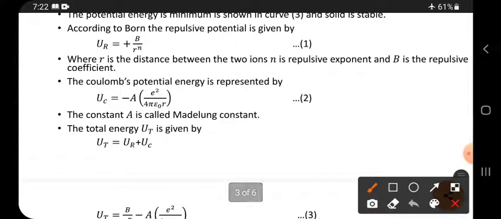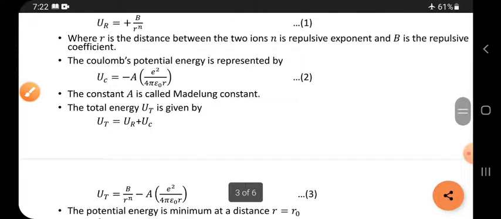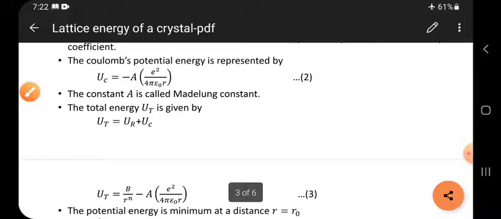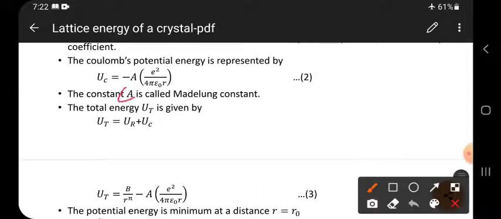The Coulomb potential energy is represented by this one. So this is the repulsive potential energy, and this is the attractive potential energy. Attractive potential energy is always minus. And here A is called the Madelung constant.